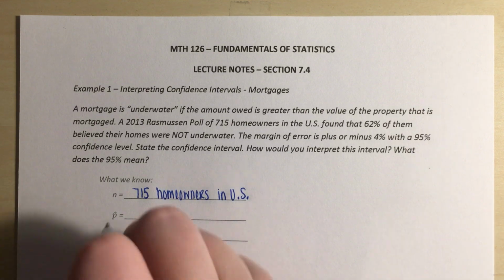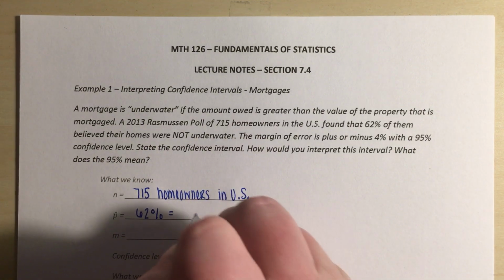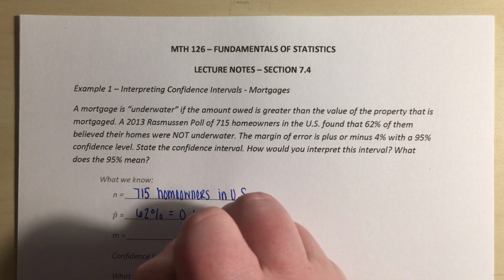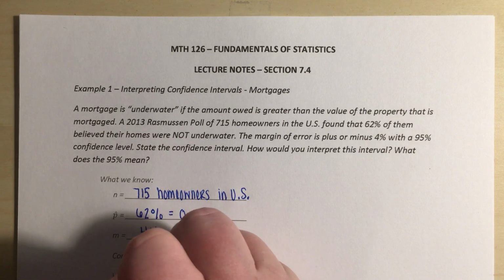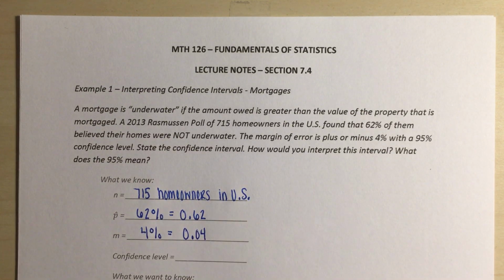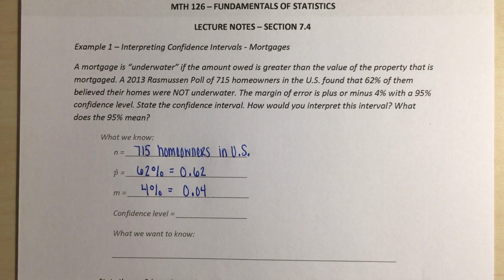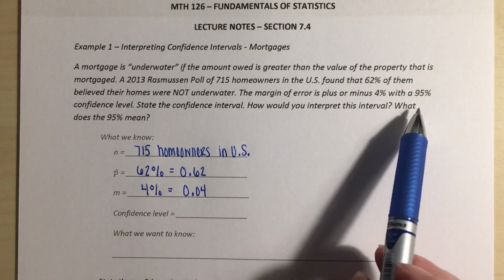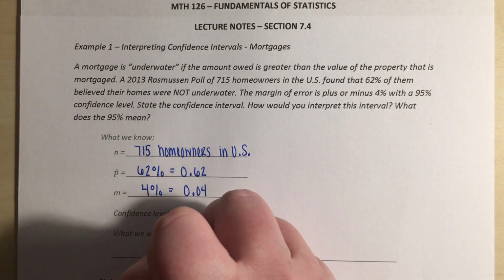Our sample proportion is 62%, which as a decimal we write as 0.62. We are told our margin of error is 4%. We change that to a decimal, that's 0.04. Our confidence level is 95%.